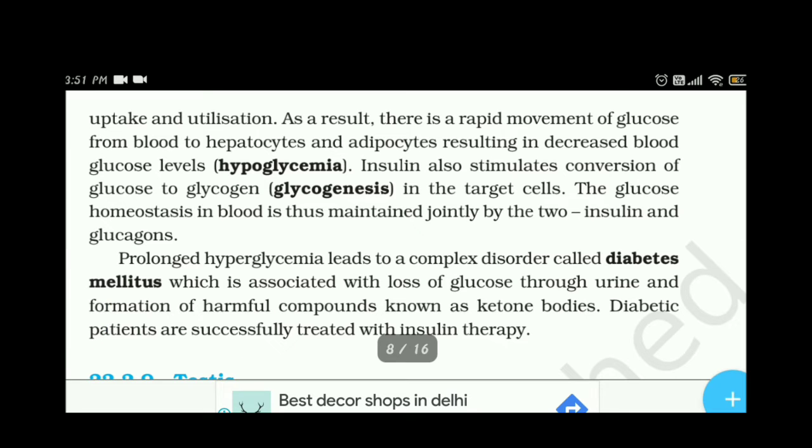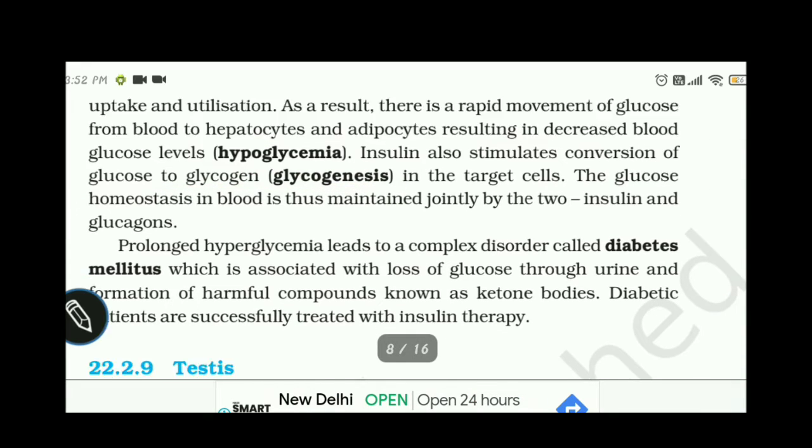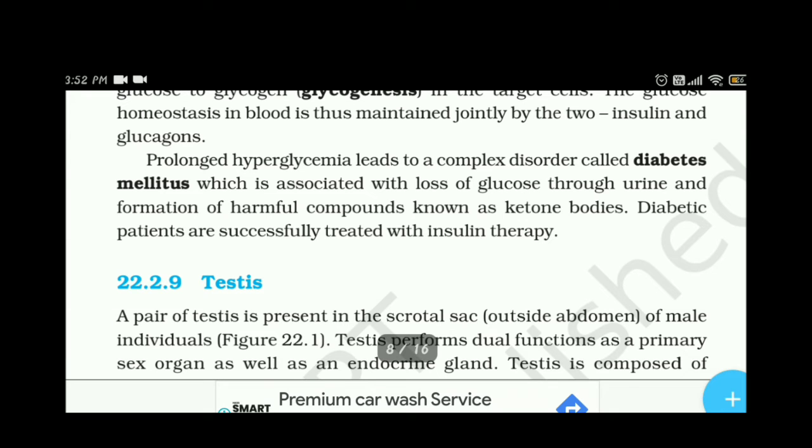But here, it is already hyperglycemia, so insulin decreases the blood sugar level, which is called hypoglycemia, by converting glucose to glycogen, which we call glycogenesis, in the target cells. So they jointly maintain our blood sugar level.